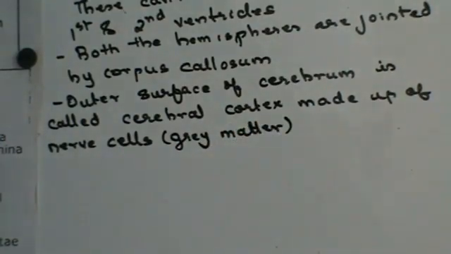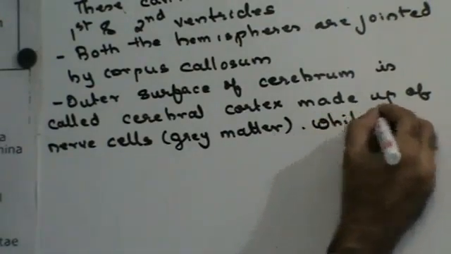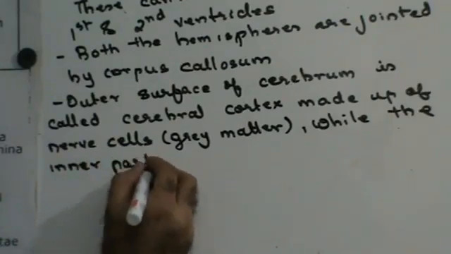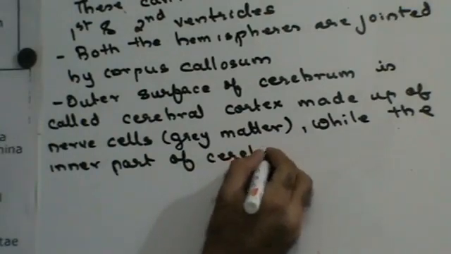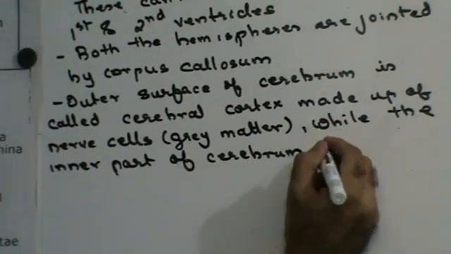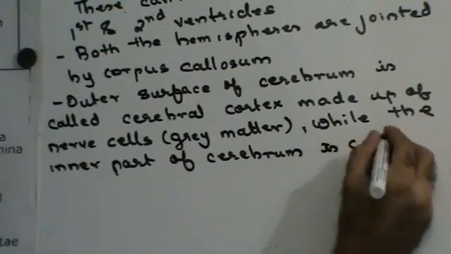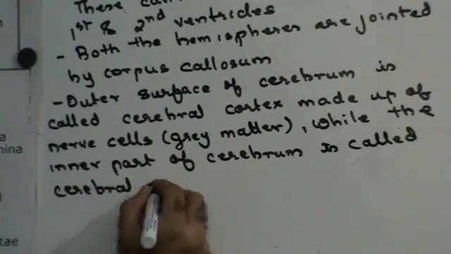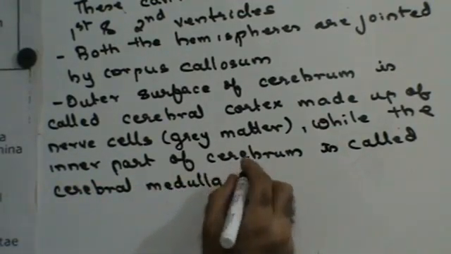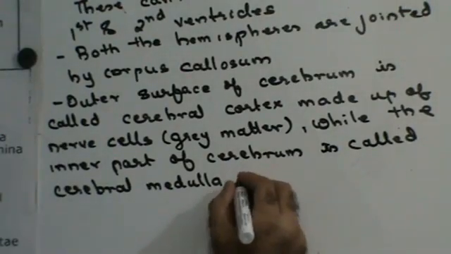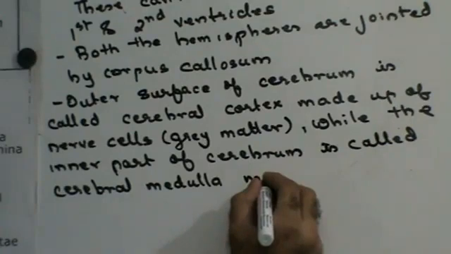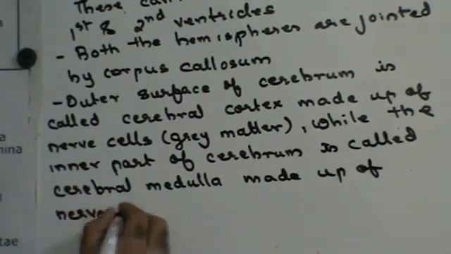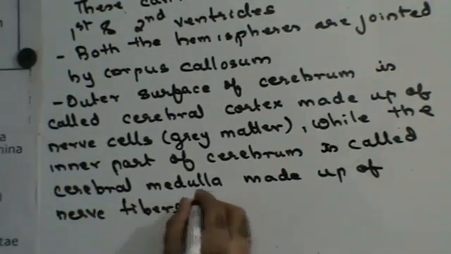Right? While the inner part of the cerebrum is called cerebral medulla, and is made up of nerve fibers, which is your white matter.